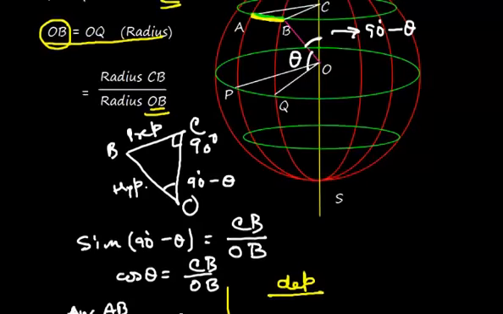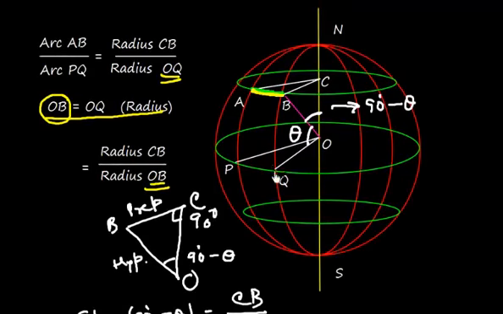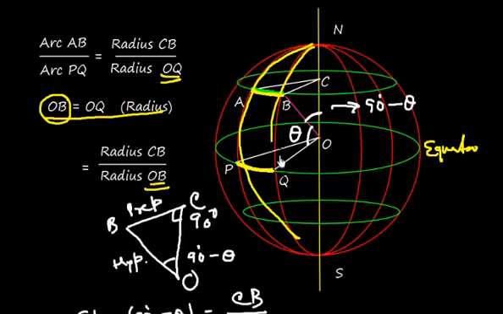If we see carefully, this arc PQ is nothing but d long, that is the difference in longitude, and this is defined as the arc of the equator contained between the two meridians. This is one meridian, and this is another meridian.